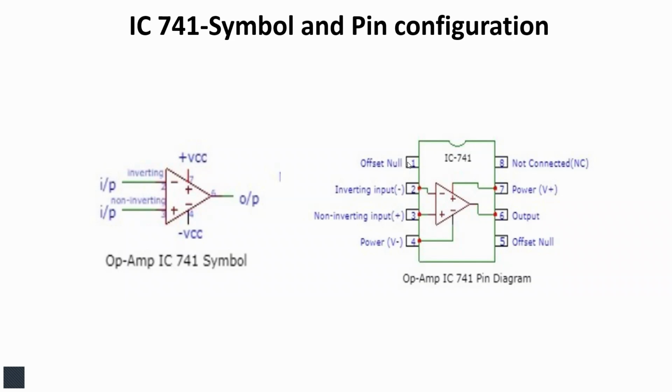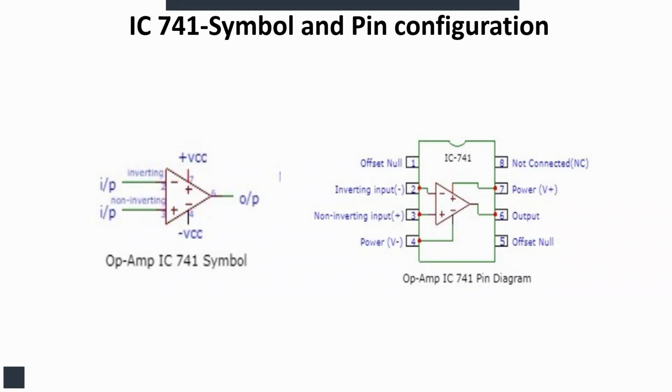Coming to the inputs, this op-amp 741 has two inputs called the inverting input and the non-inverting input. The second pin is the inverting input, and the third pin is the non-inverting input. The power supply needed for this 741 is a dual power supply: the plus VCC, which is connected to the 7th pin, and minus VEE, which is connected to the 4th pin.